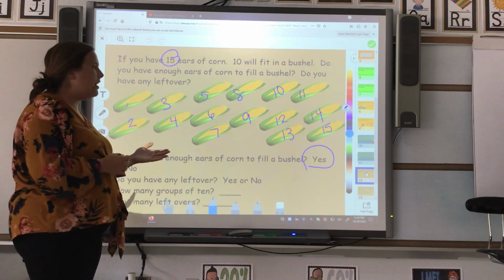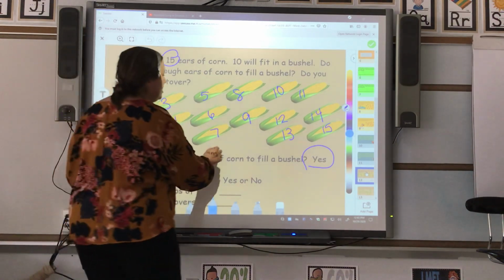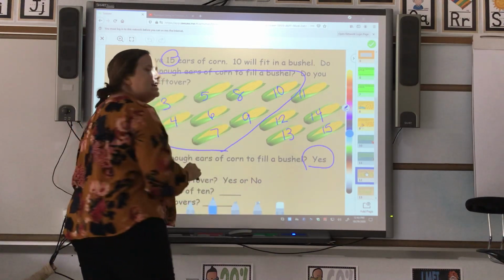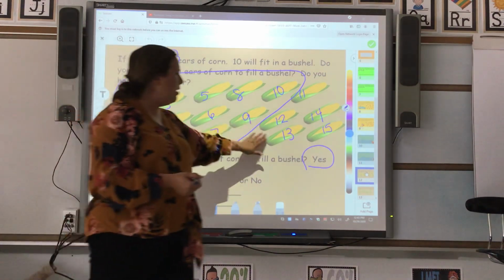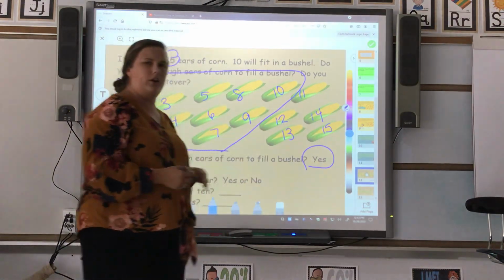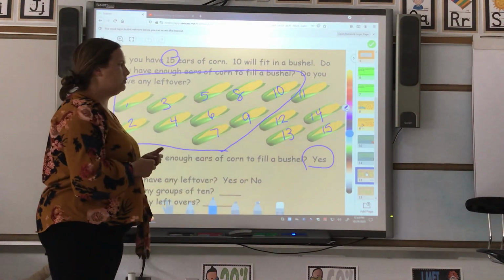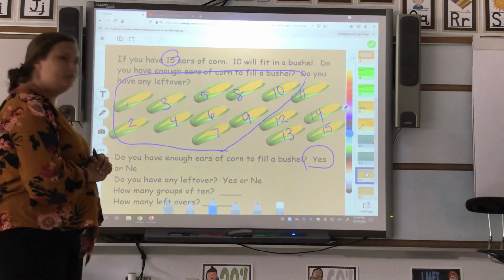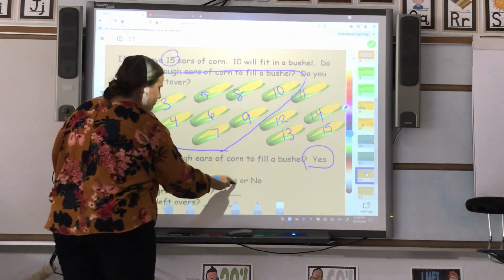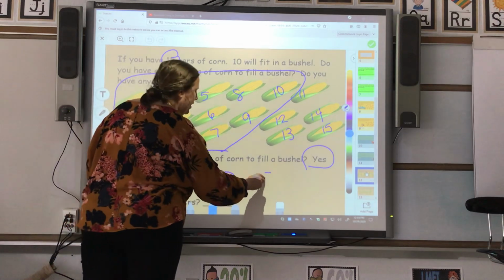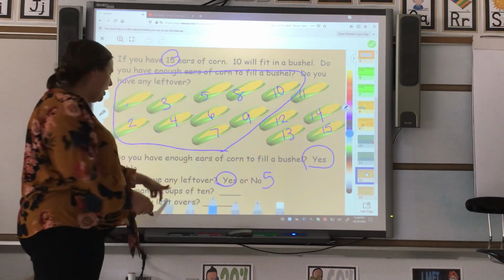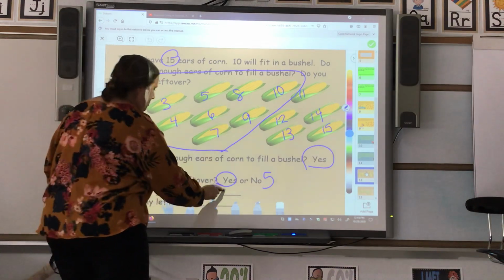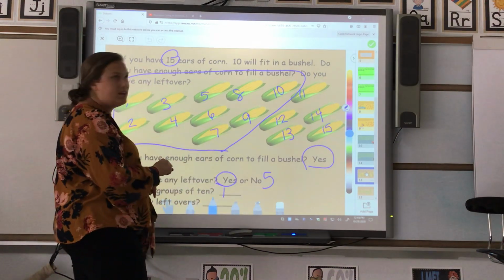Do we have any left over? Yeah, because look guys, I'm gonna go ahead and circle our 10, but only 10 fit in the bushel. So how many do we have left over here? Count for just a second. Yes, we do have enough, and we have 5 left over. So how many groups of 10? Just the 1. And how many were left over? Just the 5.